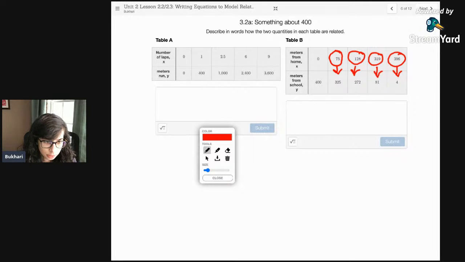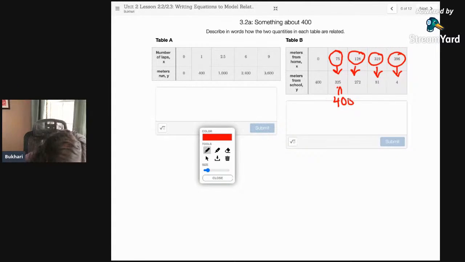I also notice that 75 plus 325 is also 400. And so I know that there's something about 400 here that is important.